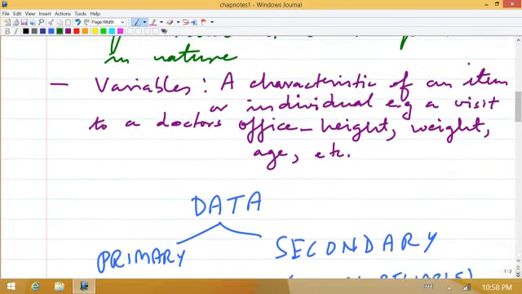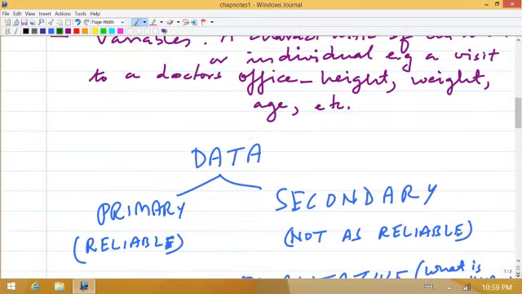Now let's focus on data. Data is a very important part of statistics, and data is crucial to the understanding of statistics. Data embodies raw information.